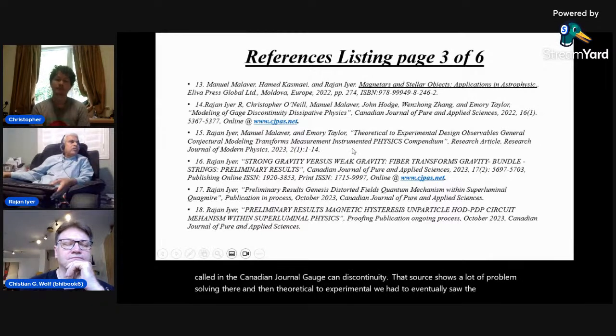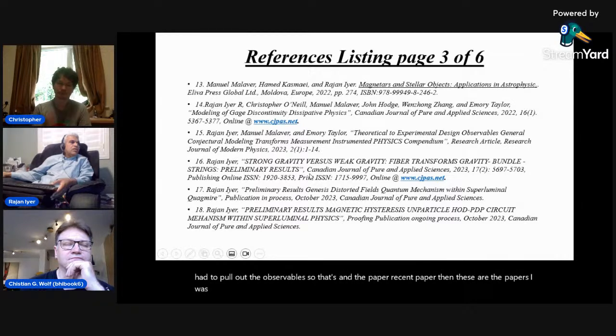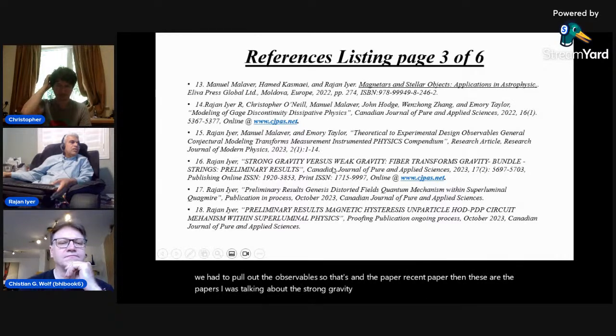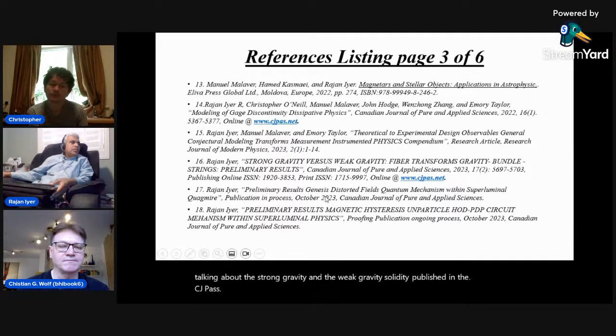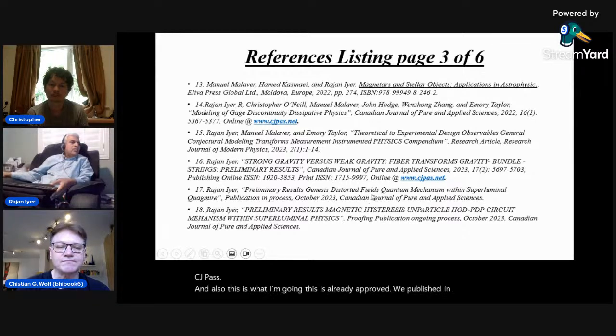We had to pull that out, which is another recent paper. Then these are the papers I was talking about: the strong gravity, the weak gravity. It's already published in the CJ Pass, and this is one going to be published in October.